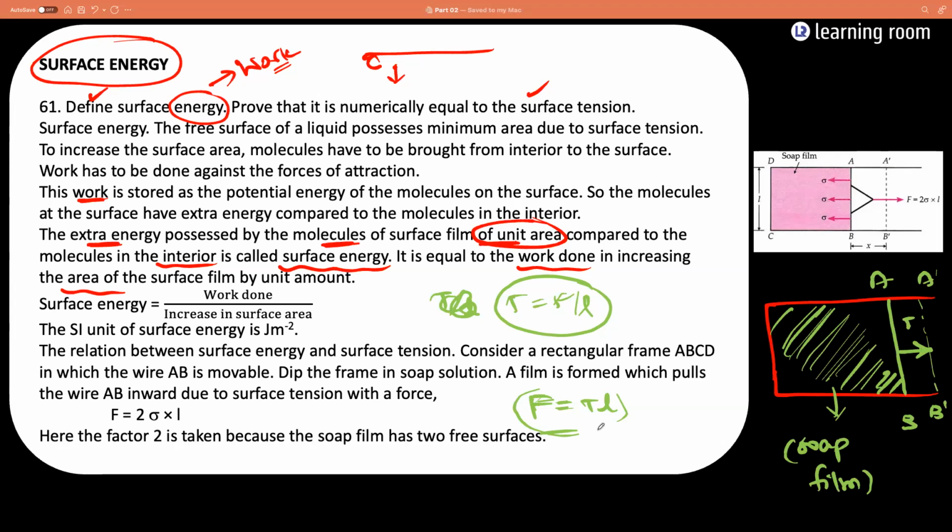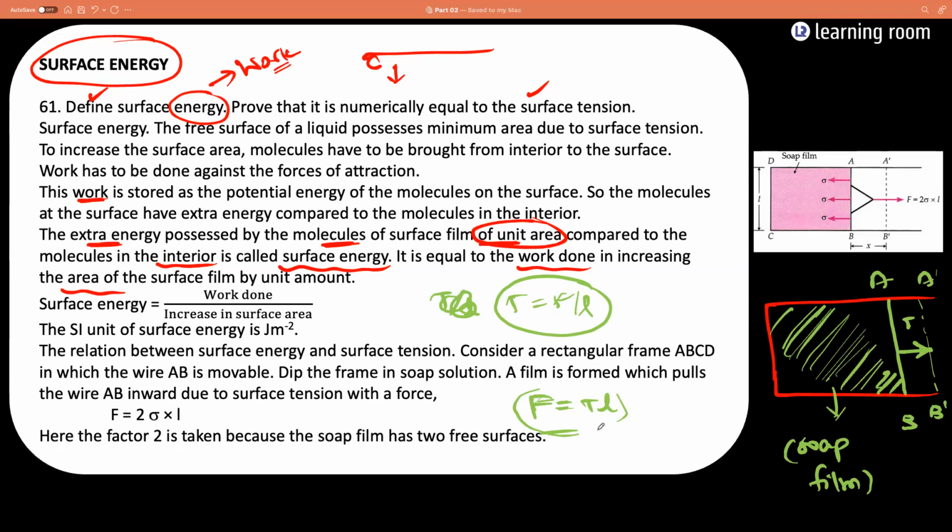In fluid mechanics, if you have air below and air above, and there is a boundary that separates the air medium and the liquid medium, then that surface is called the free surface.